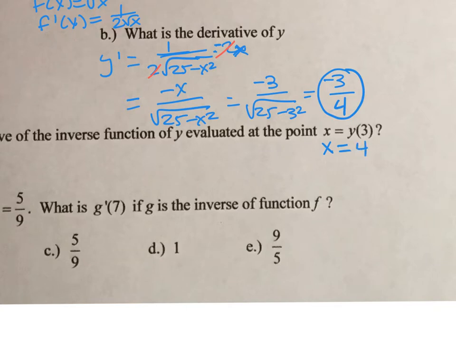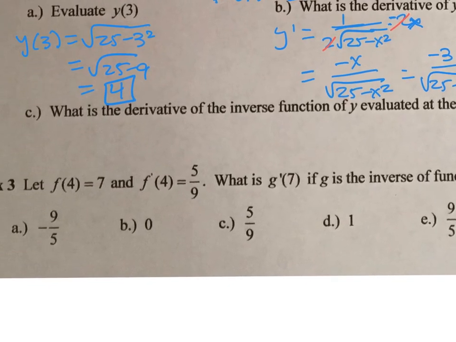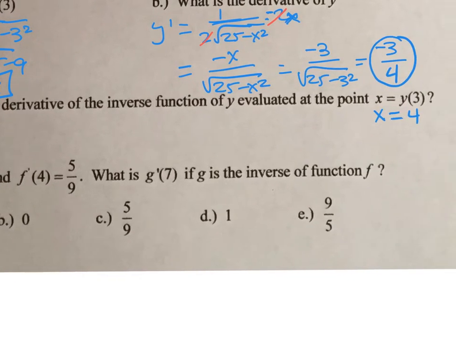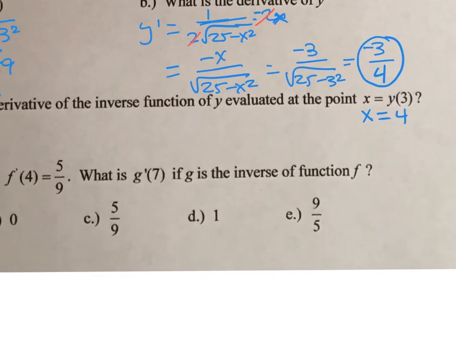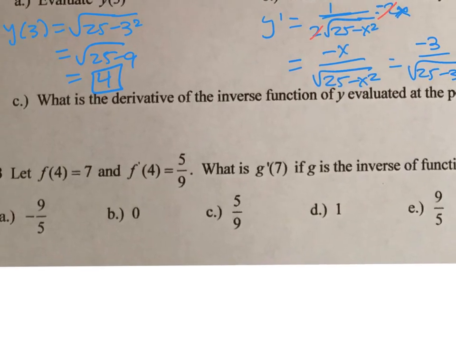Okay, so remember, the derivative of the inverse would be the slope of the tangent of the inverse at the point 4, 3. In fact, let me just write that down for you. So what are we looking for? If it says, what is the derivative of the inverse function of y evaluated at the point x equals y of 3, that's where x equals 4.